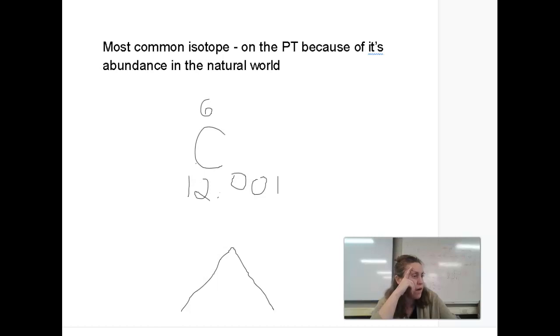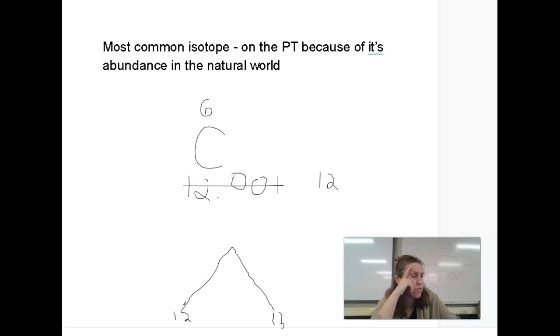This is in between 12 and 13, because it's greater than 12, but barely, and then we have 13. So where would that be at? Right there. And so the closest whole number is going to be 12.